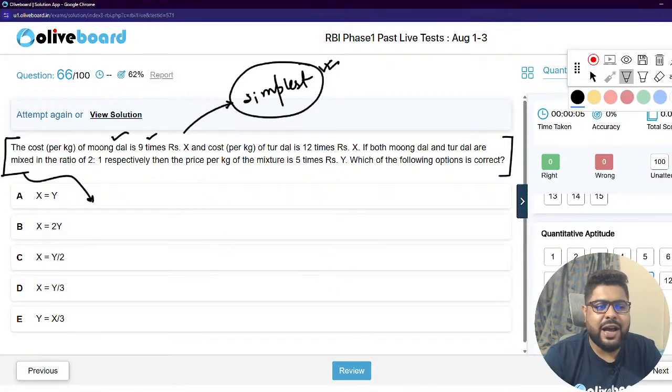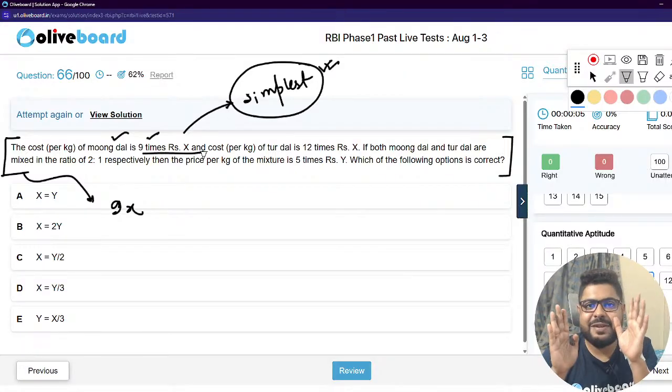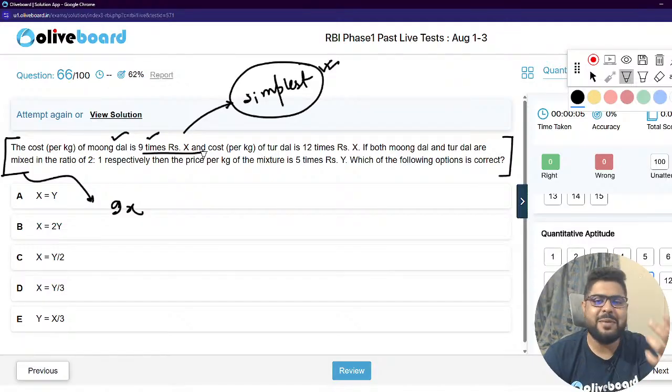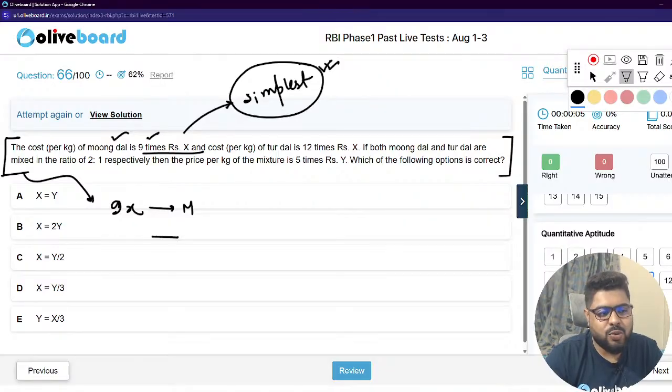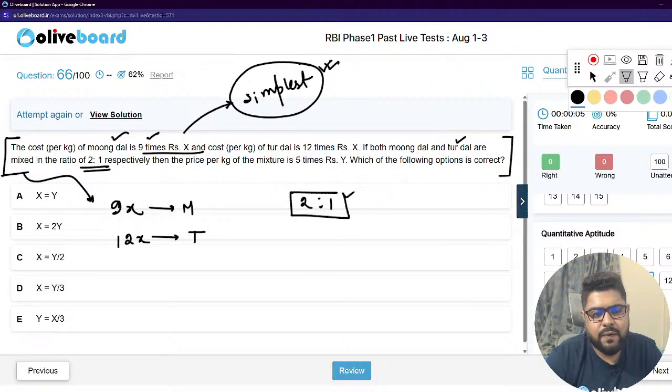The cost of moong dal is 9 times x, and tur dal is 12 times x. They have mixed them in the ratio 2:1.